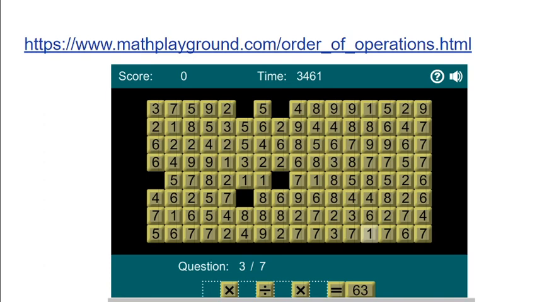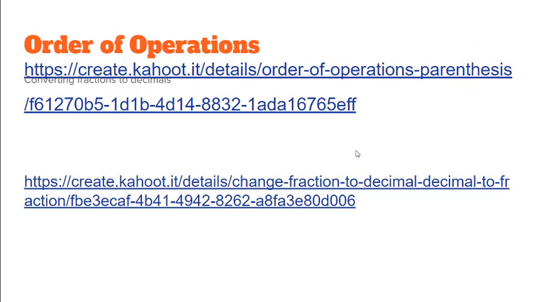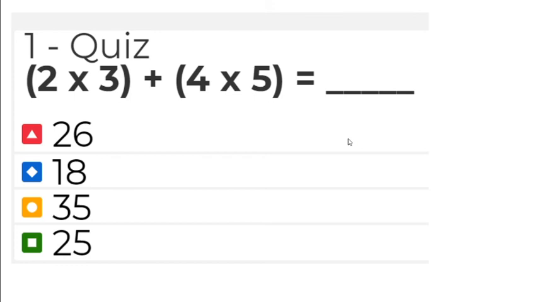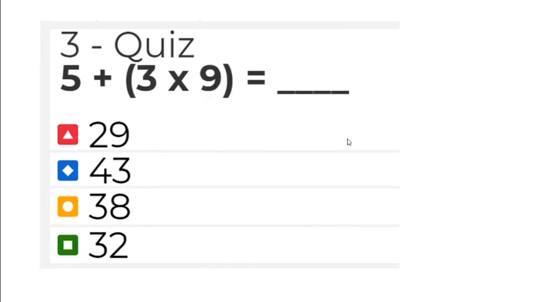It gives you a time limit to practice multiplication and division facts. Here's another one if you really want to play it. This is more for what we did last time, a couple weeks ago. And then here is a Kahoot that we played. We did a little bit of what we learned in 5th grade, just the parentheses, multiplication. If you wanted to practice that, you could.